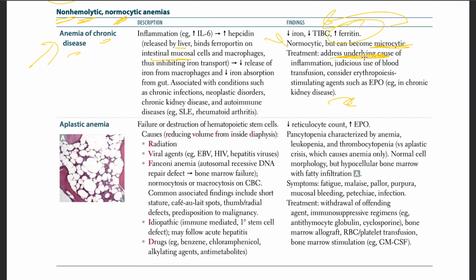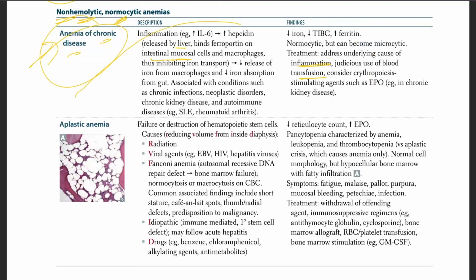Treatment is to address the underlying cause of inflammation. Judicious use of blood transfusion. Consider an erythropoiesis-stimulating agent like EPO, for example in chronic kidney disease. Okay, so that's all with the anemia of chronic disease.